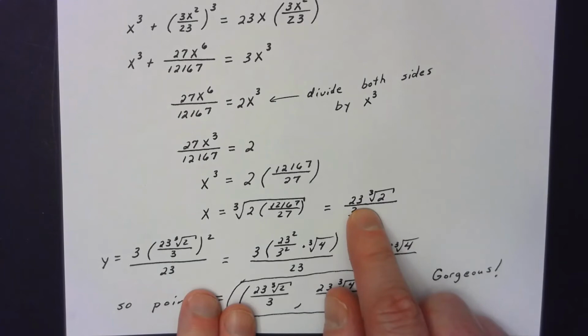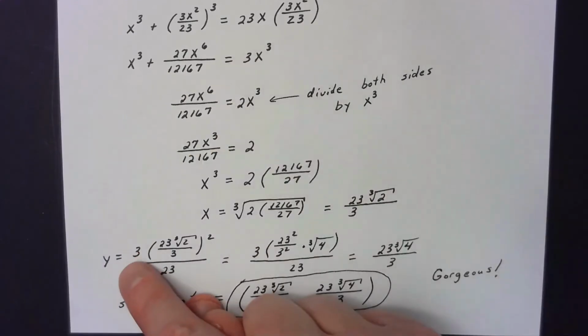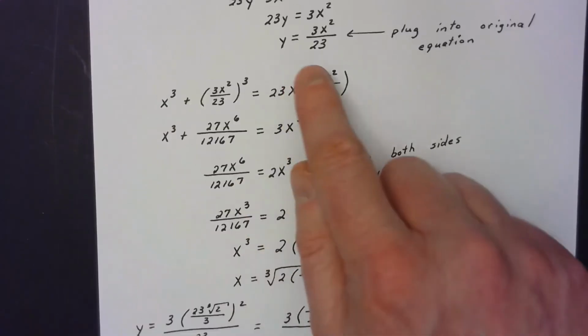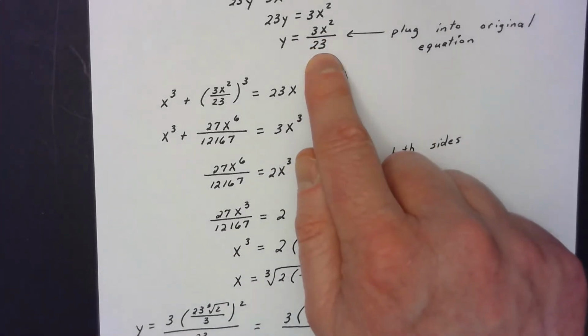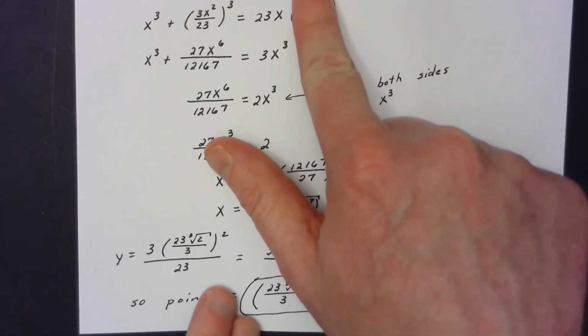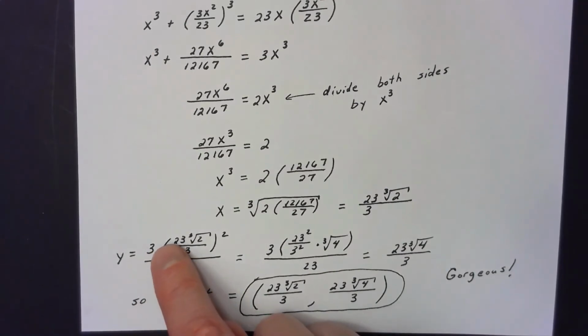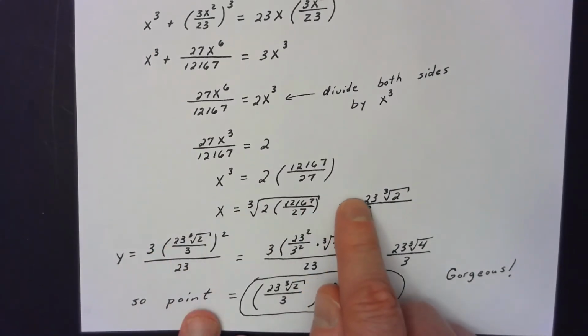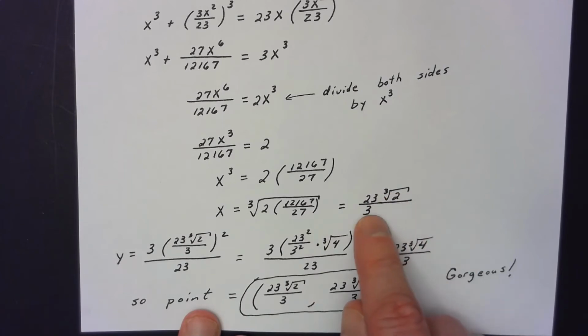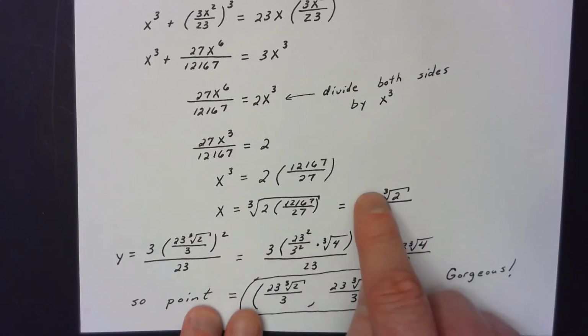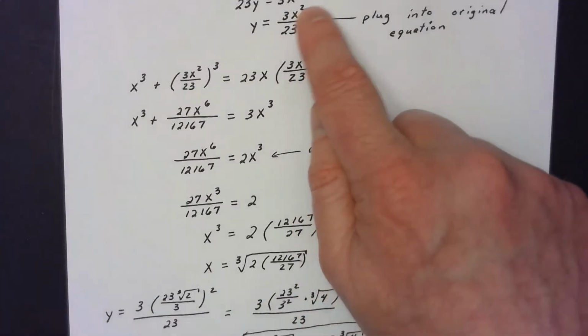Now, I know what x is, so I can go back and solve for y. Recall, y was equal to 3x squared over 23. So then I can say, well, okay, then y is equal to 3 times this x term, 23 on the cube root of 2 over 3, quantity squared. You're plugging this in for x there.